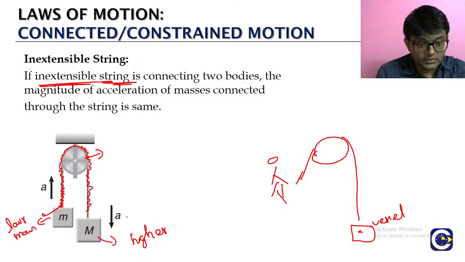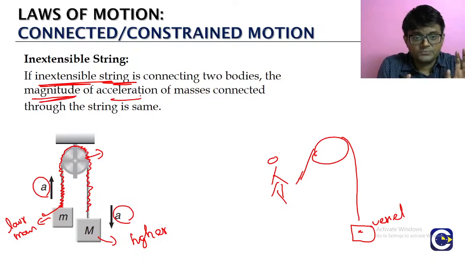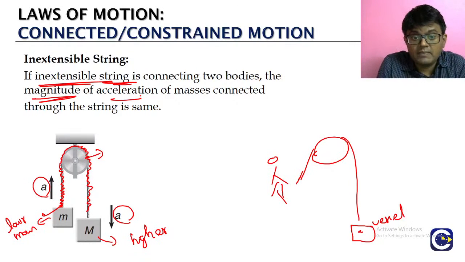If capital M is going down with some acceleration, then small m will be going up with the same acceleration magnitude. Acceleration is a vector, so we take it along with the direction. With whatever acceleration capital M goes down, small m has to go up with the same acceleration.